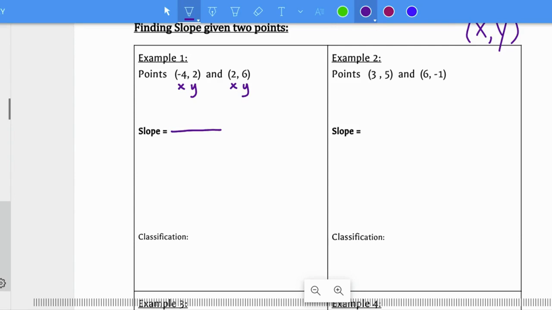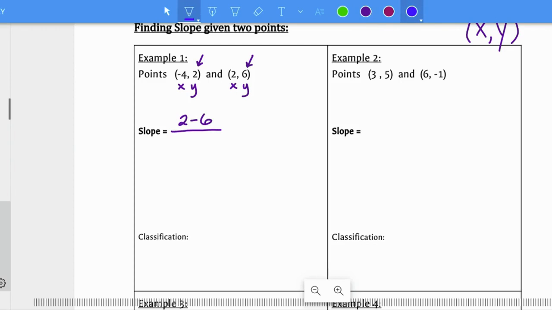So pick your 2 y coordinates. One y here would be 2, and subtract your other y coordinate of 6. The order doesn't matter as long as you do it the same on the top and the bottom of your ratio. So the x coordinates are going to go on the bottom.